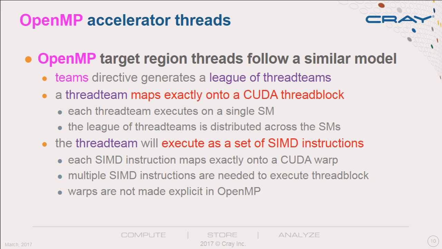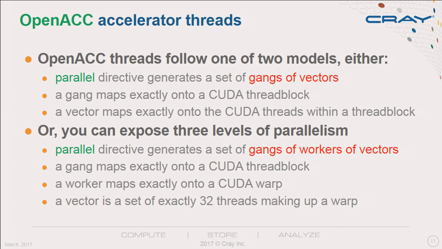And again, we work in these SIMD instructions mapping to the CUDA warps. This distribution we do with the teams statements and then distributing to the different threads within these teams we do with the distribute statements.